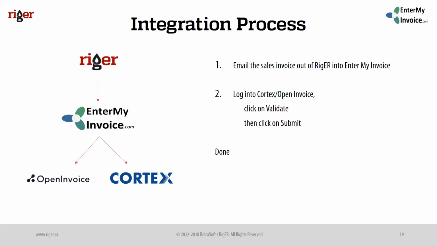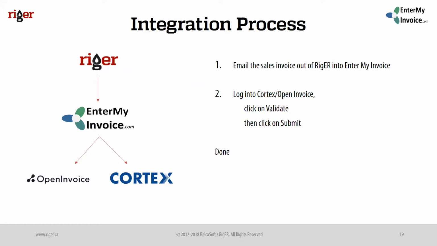From there, you will log on to your instance of Cortex or OpenInvoice, and then what you can do is just validate. So in Cortex, you would go into the drafts folder, validate that the information is there, and then click Submit. In OpenInvoice, you would just simply go in, and you can also validate and submit, or directly submit into the platform. And from there, it's basically done.